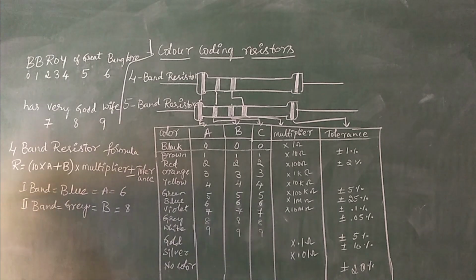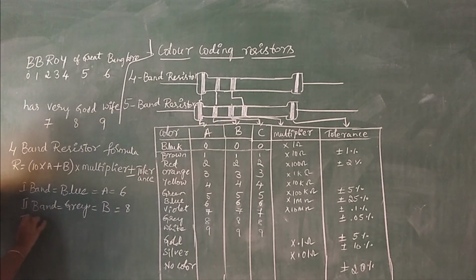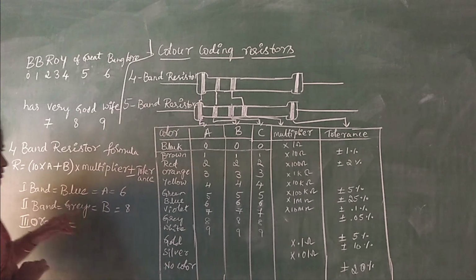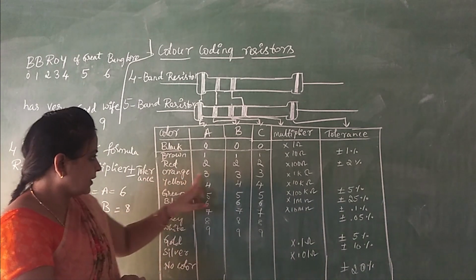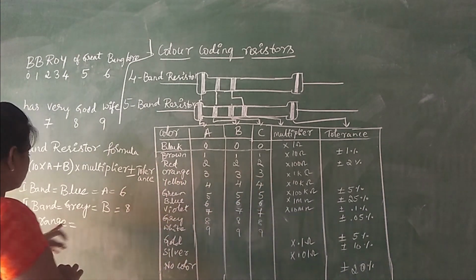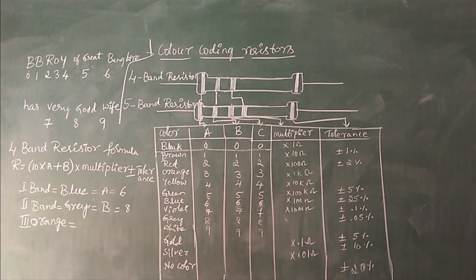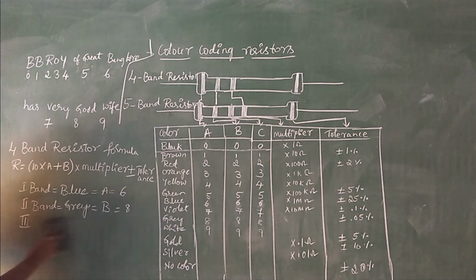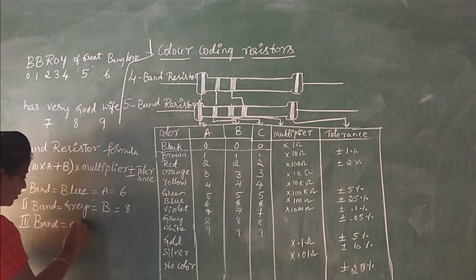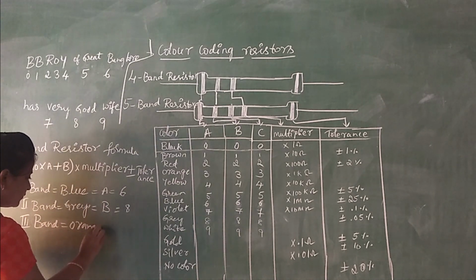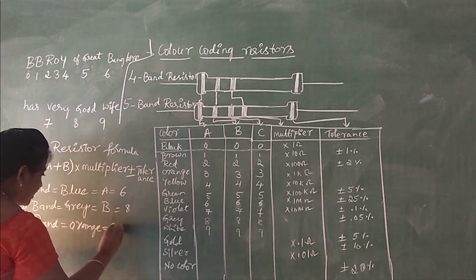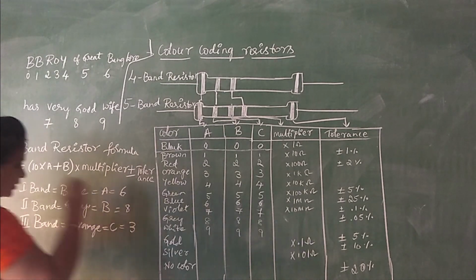Next we have orange, the third band color. Orange, we have to look at the C column. Orange here is 3. This third band is equal to orange, which is equal to C, which is equal to 3.